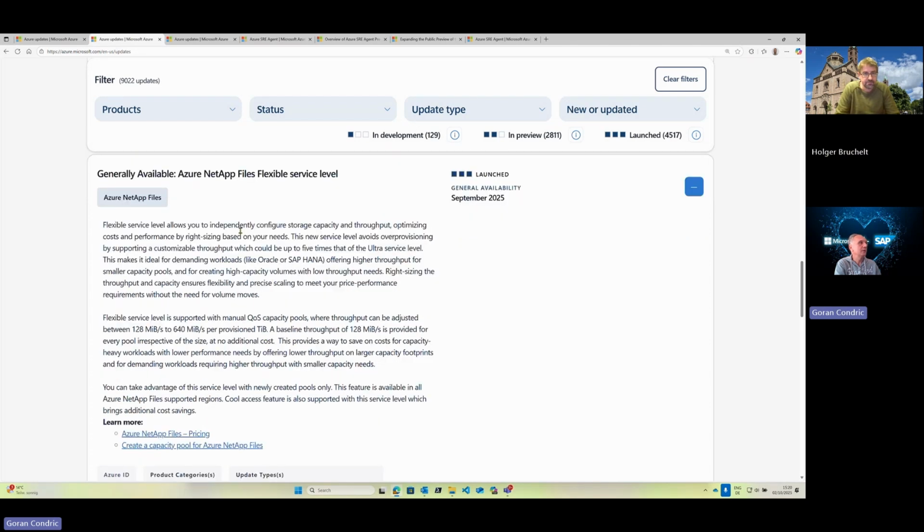Another one, very interesting, for Azure NetApp Files. They are now allowing a flexible service level, meaning separating capacity from throughput and IOPS. In the past, you needed to create a certain capacity pool to get certain performance. And if you needed more performance, but maybe not space, you needed to expand the capacity and pay more only because you needed performance. Now, similarly to Premium V2, they are splitting capacity and throughput.